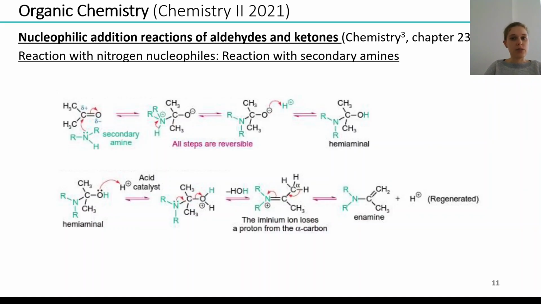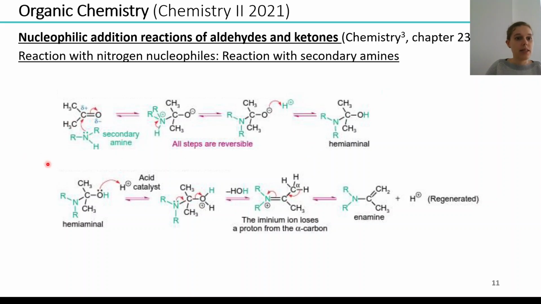In contrast to primary amines, where imines are formed, the addition of a secondary amine to aldehydes and ketones yields enamines. And the reaction mechanism is very similar to that of a primary amine, except for the last deprotonation step of the iminium ion. Let's have a look at the reaction mechanism.